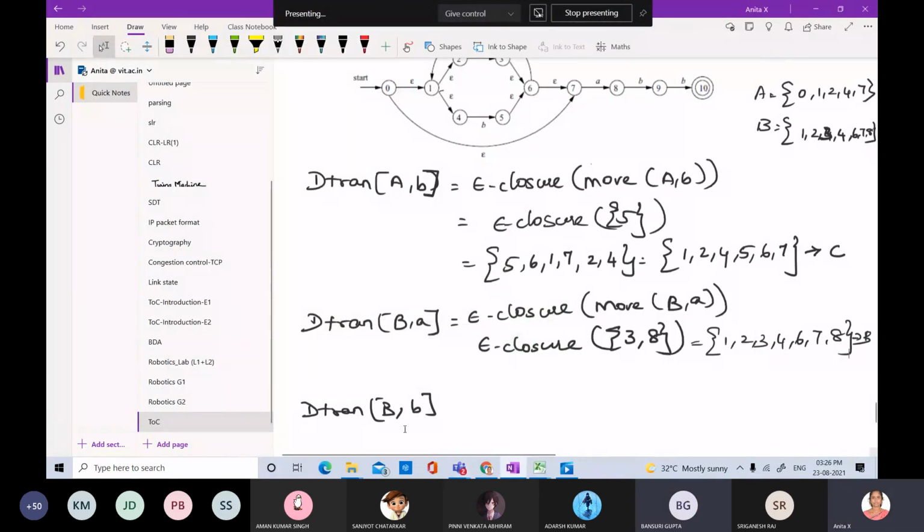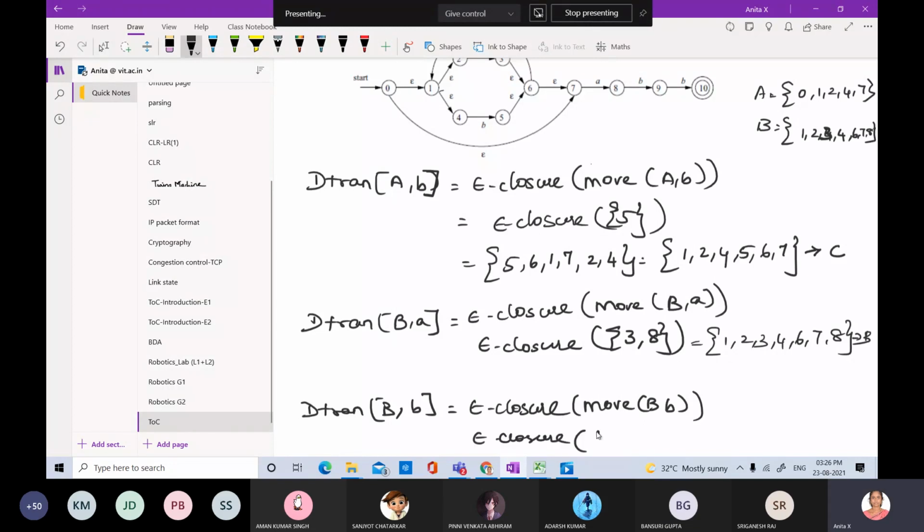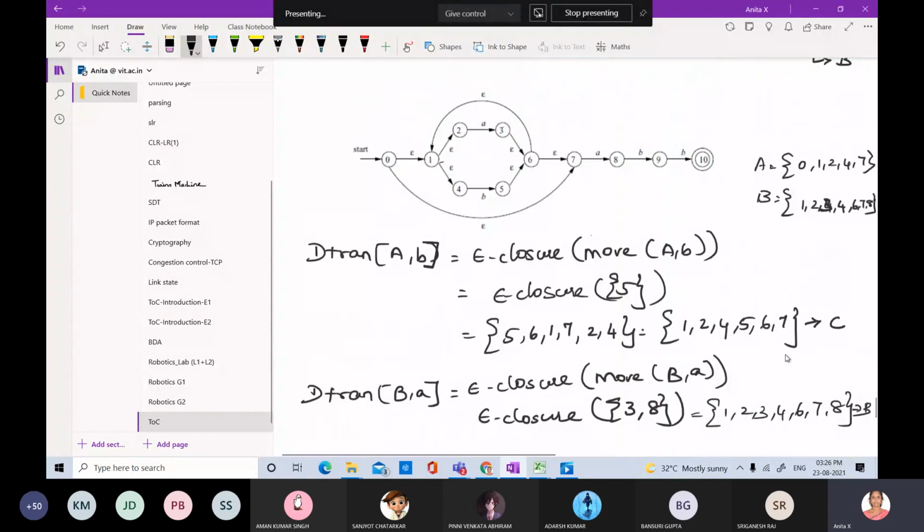D-tran of B comma B is nothing but epsilon closure of move B comma B. What is move of B comma B? What is B here? 1, 2, 3, 4, 6, 7, 8 is B, right? So B on input symbol B, from 1, is there any transition on input symbol B?